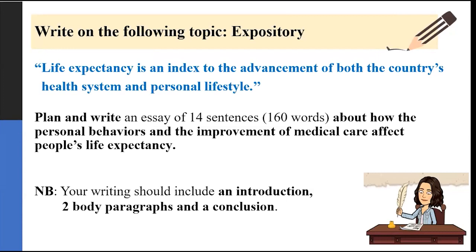Okay, so this one, for example, says life expectancy is an index to the advancement of both the country's health system and personal lifestyle. Plan and write an essay of 14 sentences about how the personal behaviors and the improvement of medical care affect people's life expectancy. Life expectancy means people living to an older age. So it's telling us that people nowadays are living longer. Why?